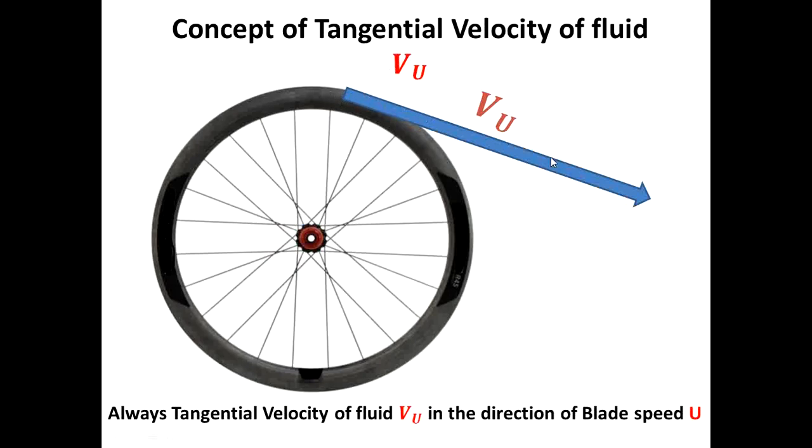This is the turbo machine, tangential, so the fluid velocity, the tangential component. Fluid flows tangential to the turbine, and there will be different tangential components. So I hope you understand why the suffix is U, because it is in the direction of the blade speed only. It is the tangential velocity of the fluid.